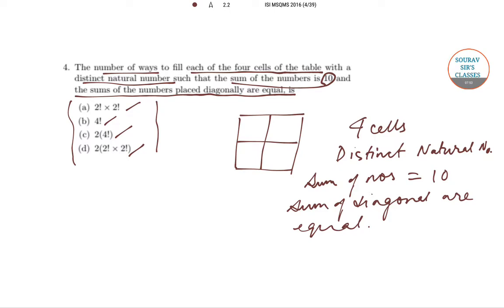So we can safely assume that since the sum of the 4 numbers which are distinct is equal to 10, that can only happen if the numbers in consideration are single digit natural numbers.